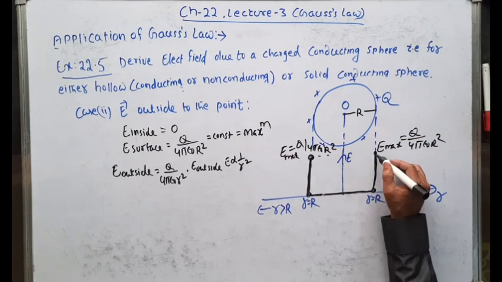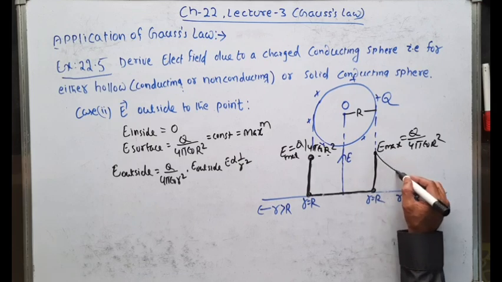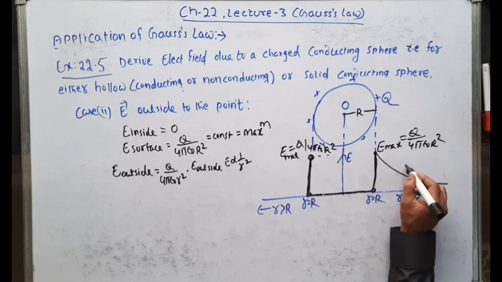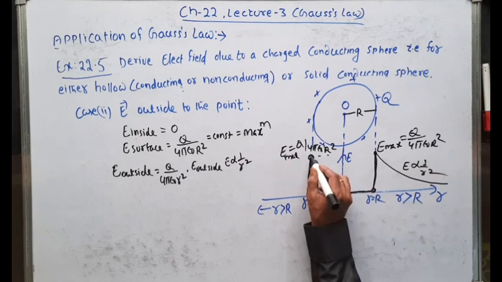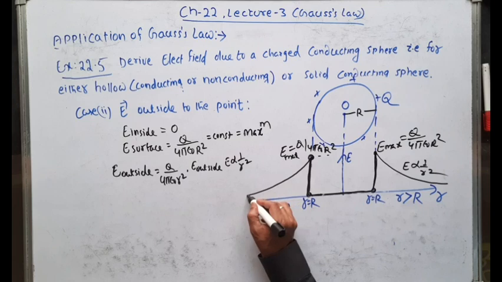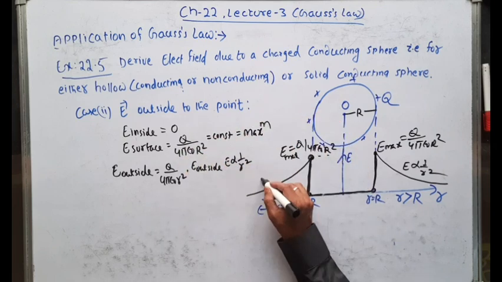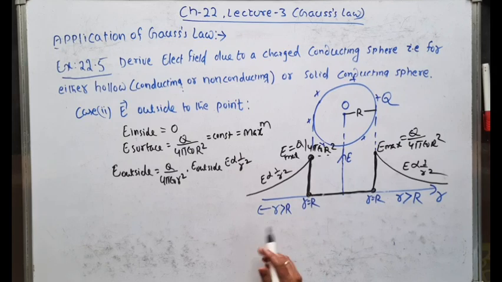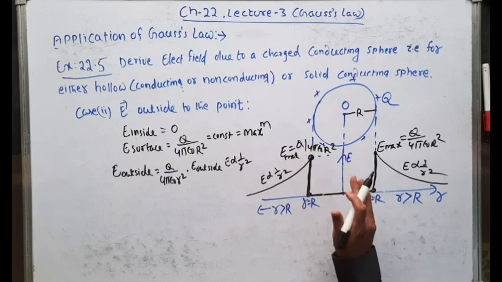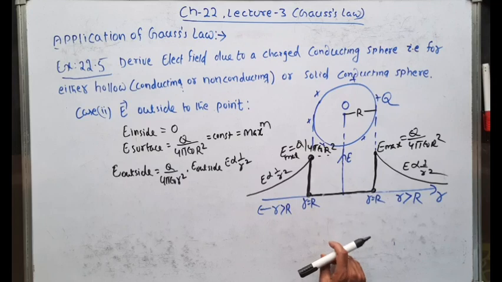E is inversely proportional to r square. So this is the analysis of the electric field intensity for a charged conducting sphere.